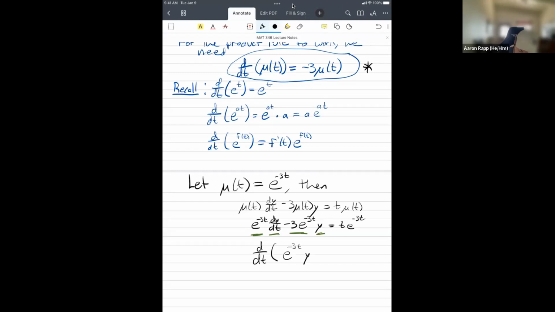Specifically, from taking the derivative of e to the -3t times my solution y. So we're going to have to integrate.